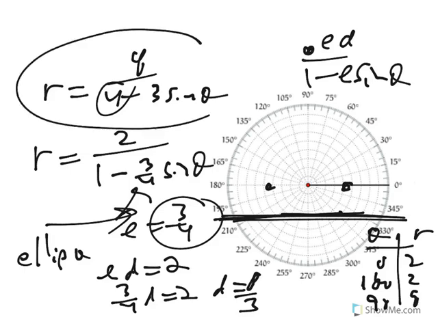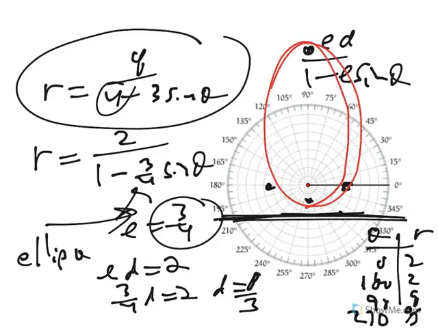You put 90 into this original equation if you want. Sine of 90 is 1, so 4 minus 3 is 1. And when I put in 270, I end up with 8 over 7, because sine of 270 is negative 1, so 8 over 4 minus negative 1. So 8 over 7, which is a little bigger than 1. And when I connect those, I get an ellipse.